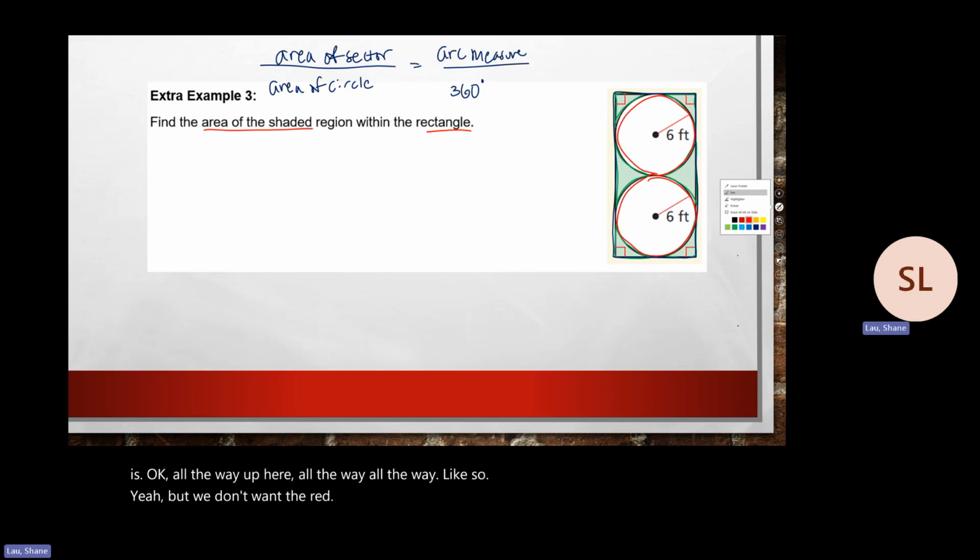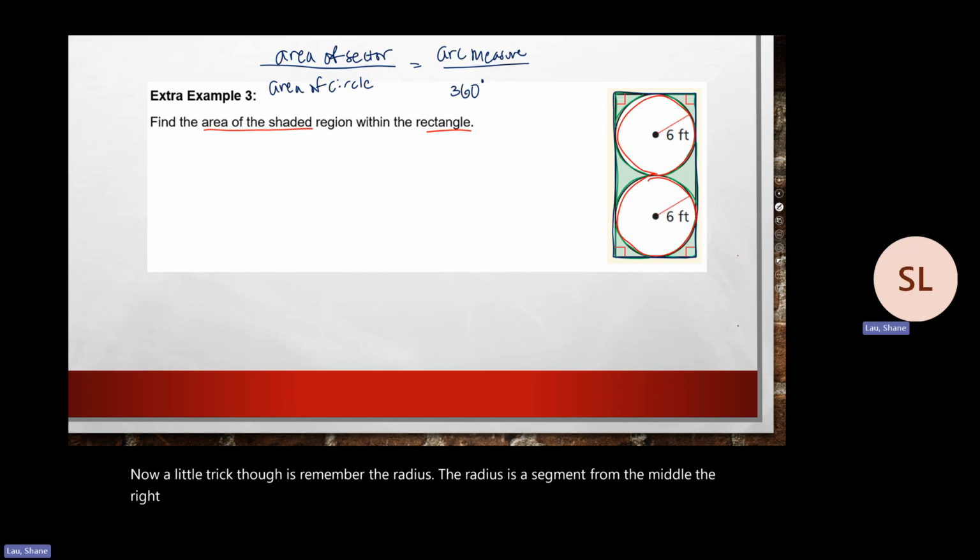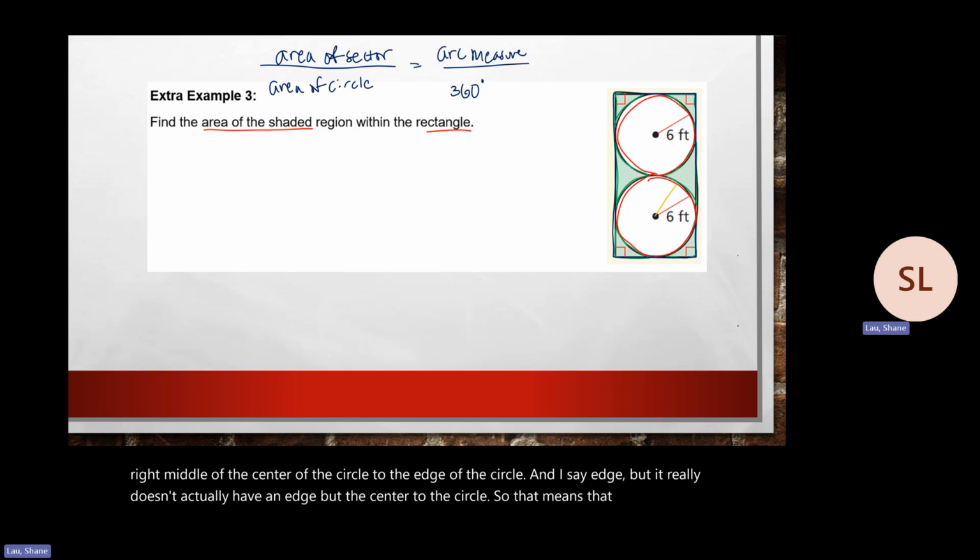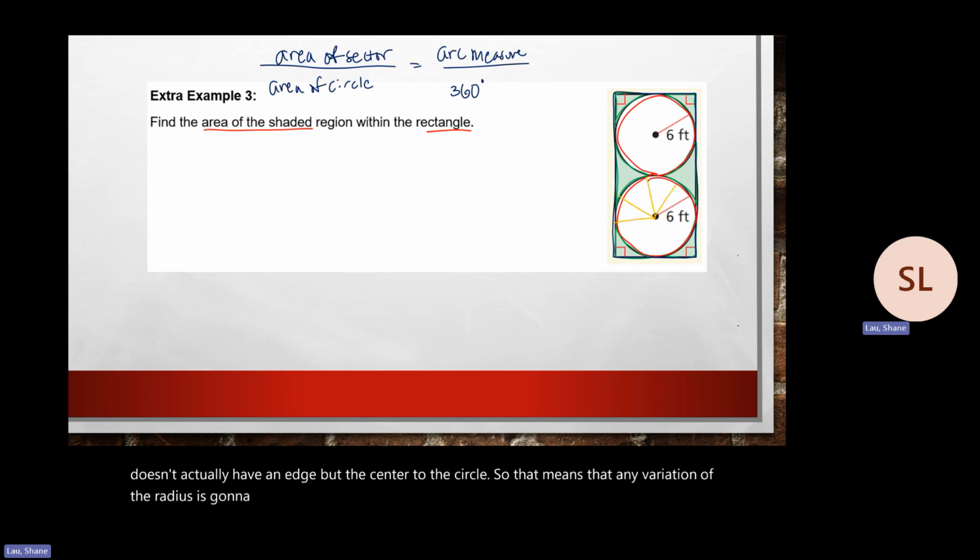Now, a little trick though is remember the radius. The radius is a segment from the direct middle, the center of the circle, to the edge of the circle. And I say edge, but it really doesn't actually have an edge, but the center to the circle. So that means that any variation of the radius is going to be equal to each other.